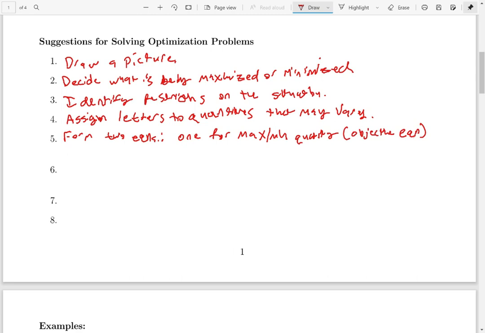And the other one is going to be for the restrictions, which is called the constraint equation.